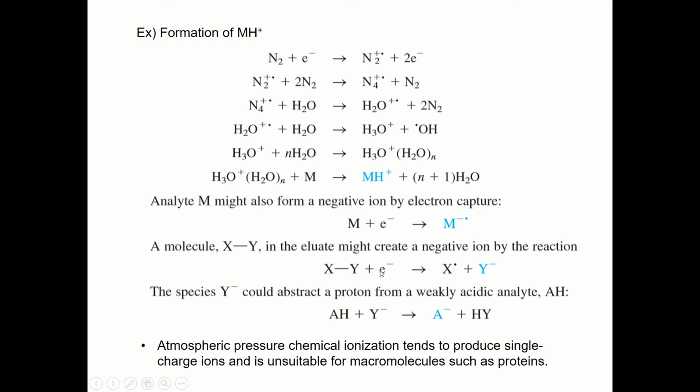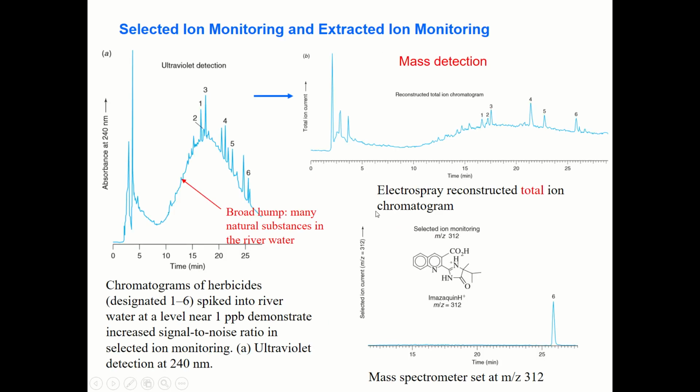So it is not suitable for measuring the molecular mass of proteins. As you'll see soon, for protein detection, the protein molecular ion should be multiply charged, not singly charged. For example, not +1 but +n. You'll see soon. It will be very interesting.